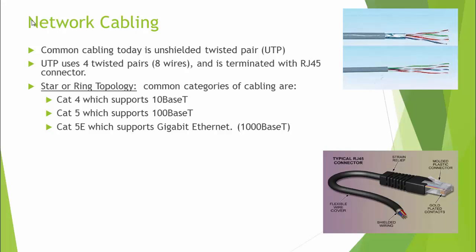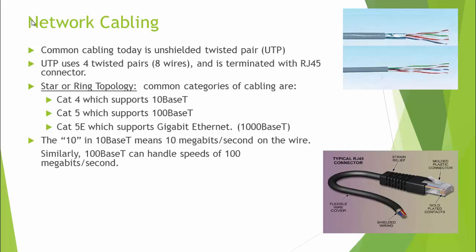Cat 5e. Let's talk briefly about those descriptors then. 10 Base T, 100 Base T, 1000 Base T? Well, the number out in front means the number of megabits per second the wire can support. And so that 1000 Base T is gigabit Ethernet cable.